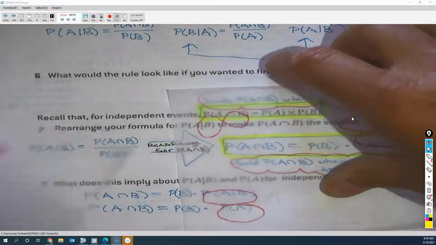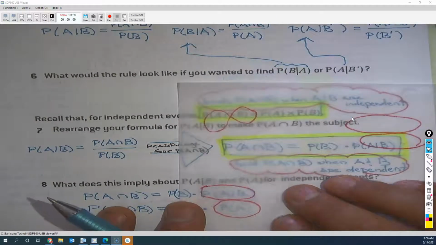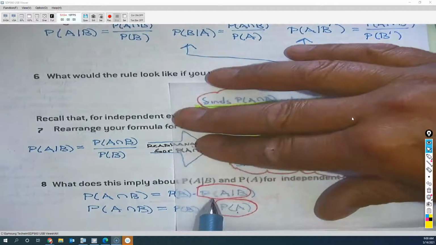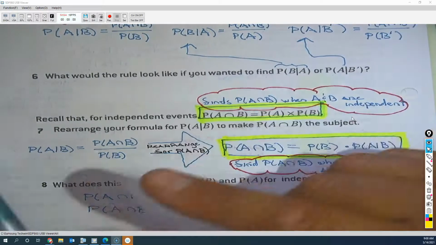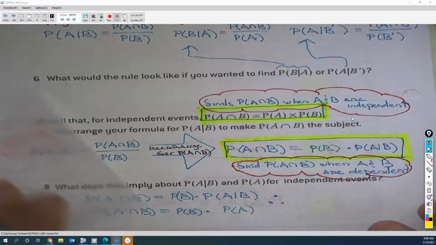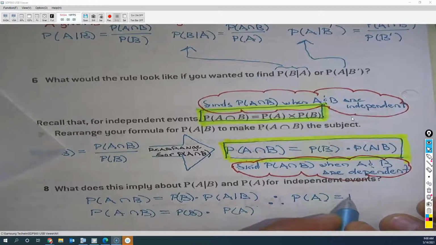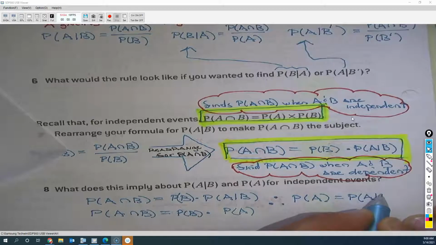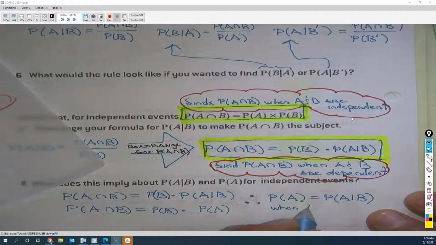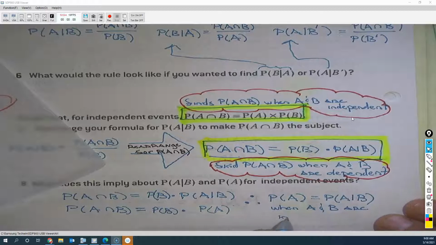All right. So this gives you a test for independent events. A and B are independent if the probability of A is the same as the conditional probability. So what this is telling you is P of A is the same as the conditional probability when A and B are independent.